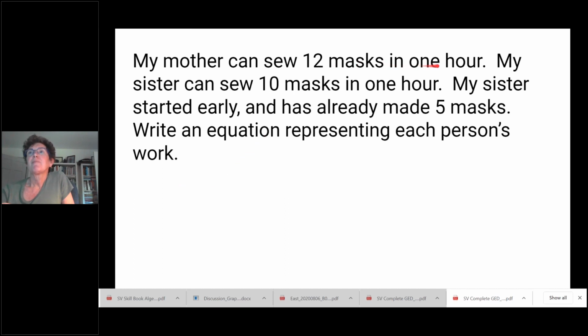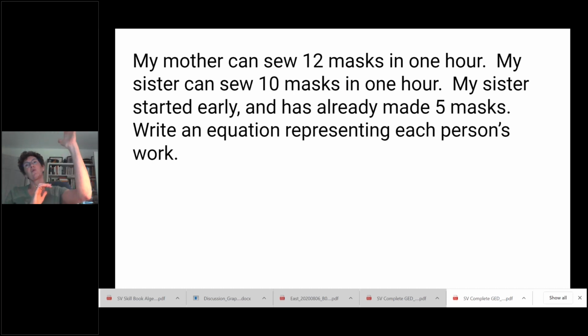Masks per hour. When you're thinking about your ratio, if you've got your masks per hour, the hour, whatever comes after that per, is going to be on the x-axis, the horizontal axis, and the masks, or whatever comes first, is going to be your y-axis, because we always talk about rise over run.